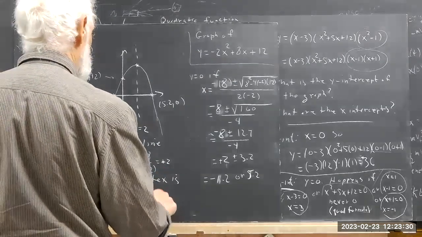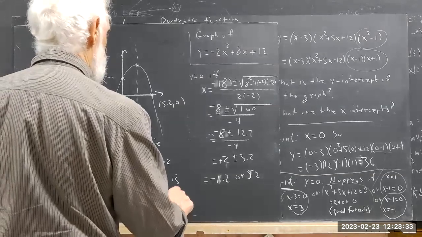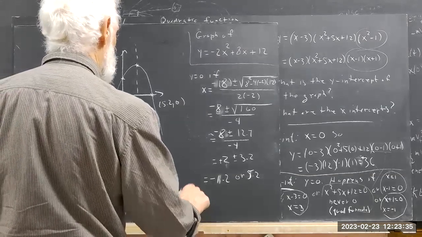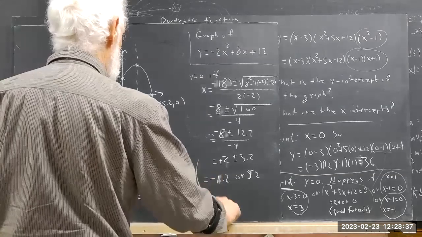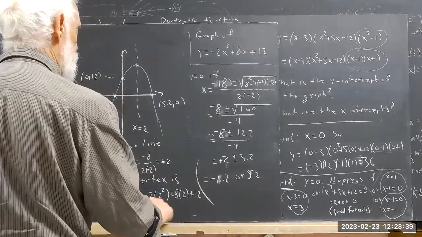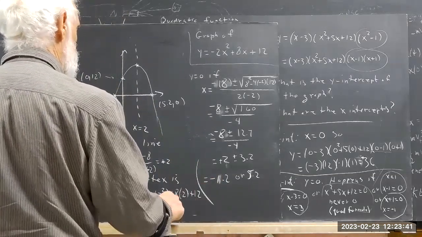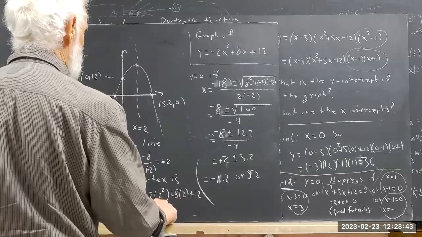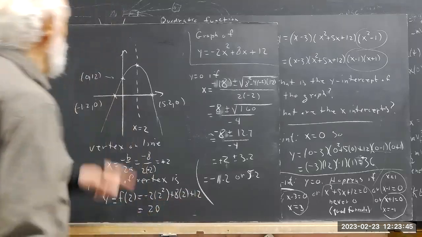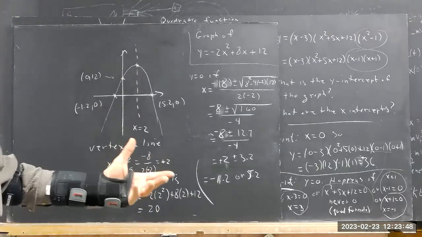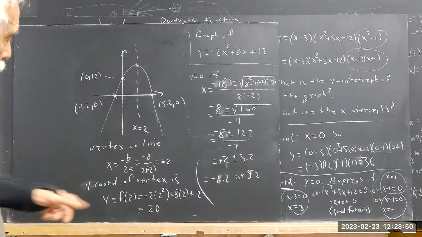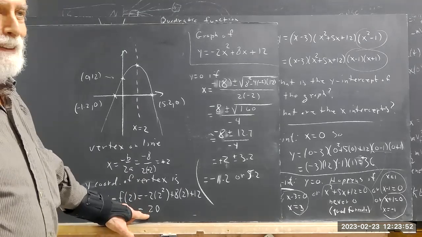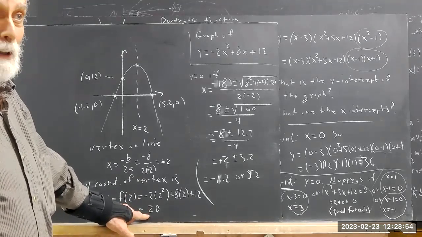So that's negative 2 times 2 squared plus 8 times 2 plus 12. That's going to be negative 8, plus 16, and 12. Oh man, I didn't know it was going to be 20. I just estimated that would be around 20, right? Turns out that I did one thing that actually turned out to be right.